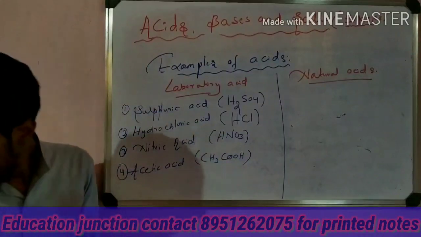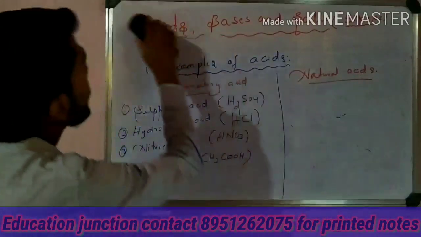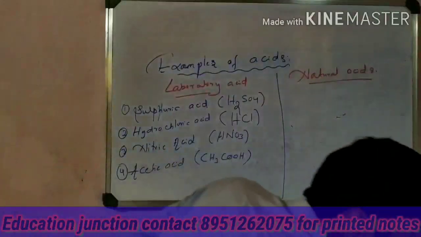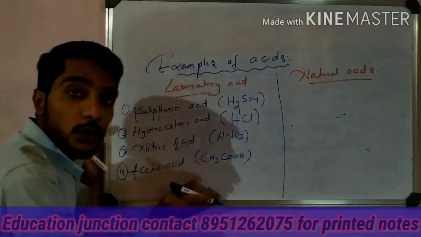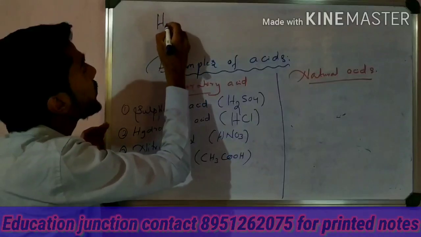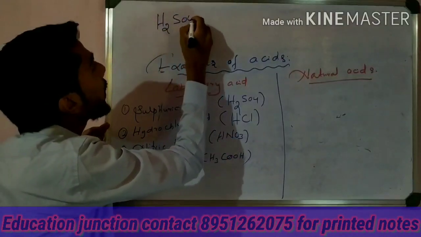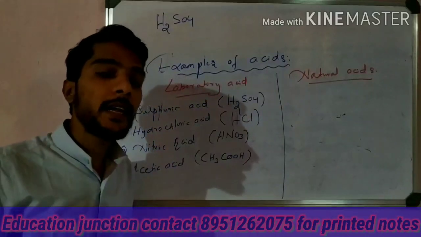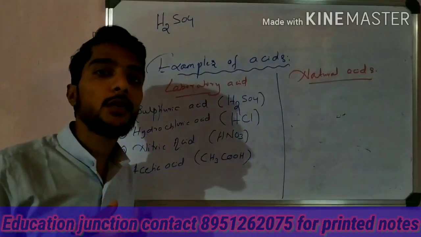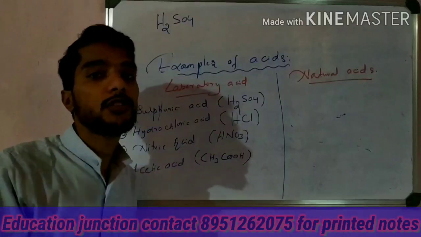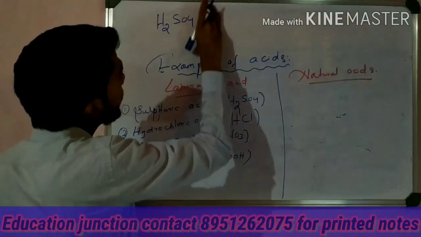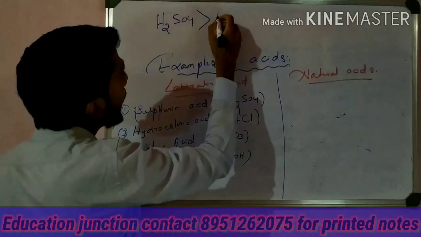Here, in these four acids, which is strong? I write H2SO4 is strong. What does it mean? It means that H2SO4, sulfuric acid, gives more H plus ion concentration. It is greater than HCl.